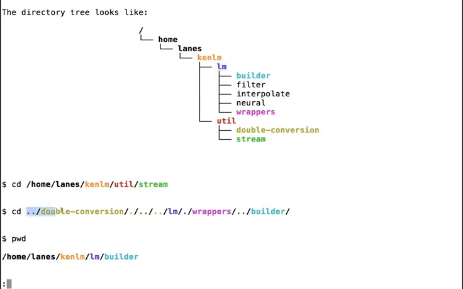And so, ../double_conversion/./../../lm/./wrappers/../builder refers to /home/lanes/kenlm/lm/builder.